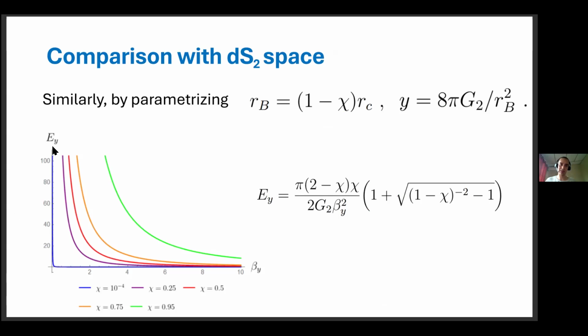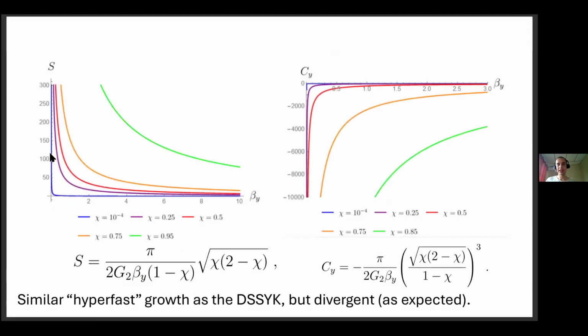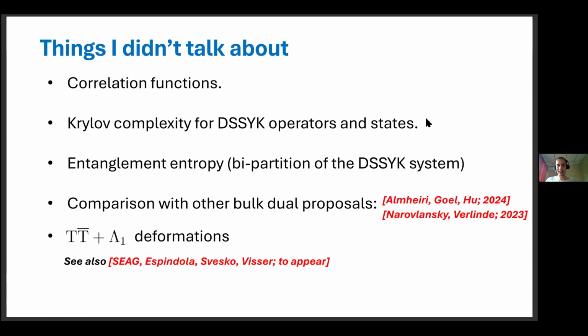You record something very similar: the energy becomes mostly localized at zero temperature when you're at this stretch horizon regime, and something also very similar for the thermodynamic entropy and the thermodynamic heat capacity. And it becomes negative because of the instabilities in dS space.